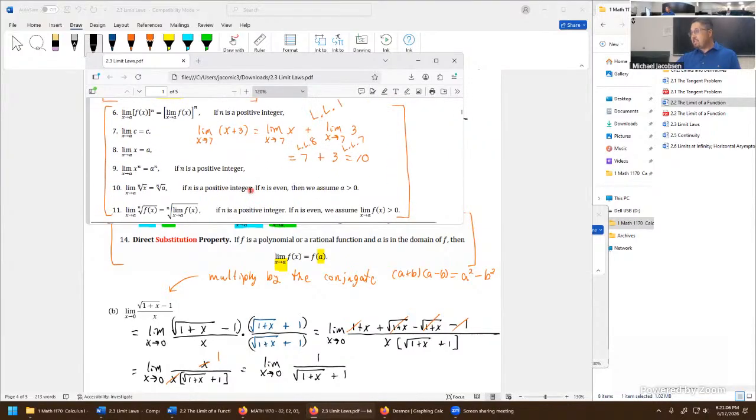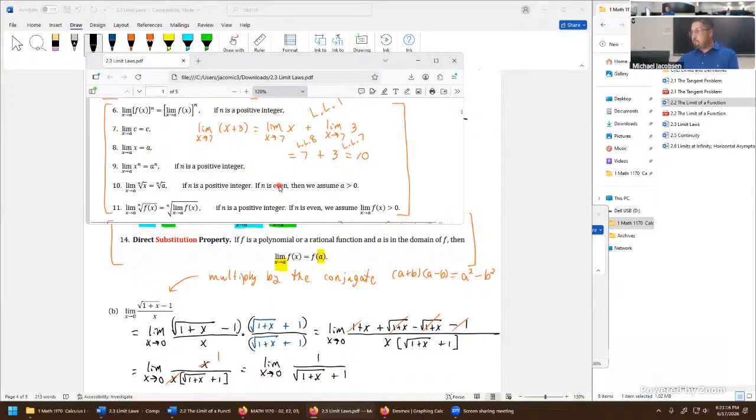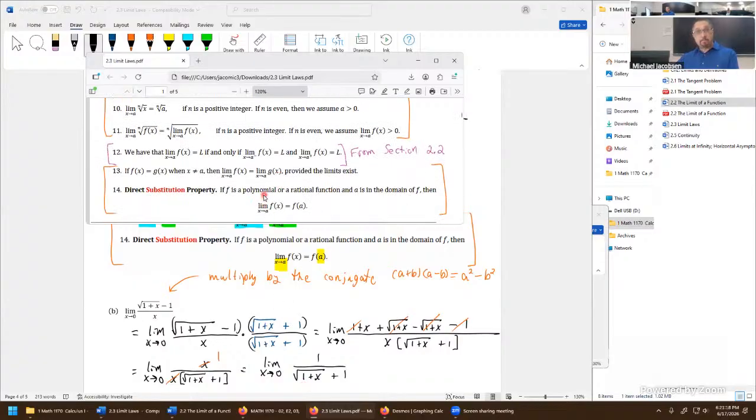Then we scoot all the way down to limit law number 11. You're taking the limit of that function, which means the limit goes inside. You're taking the limit of 1 plus x, but that's the direct substitution property. It's a polynomial. All you're doing, in fact, is plugging 0 right exactly there. That's what the whole thing boils down to.